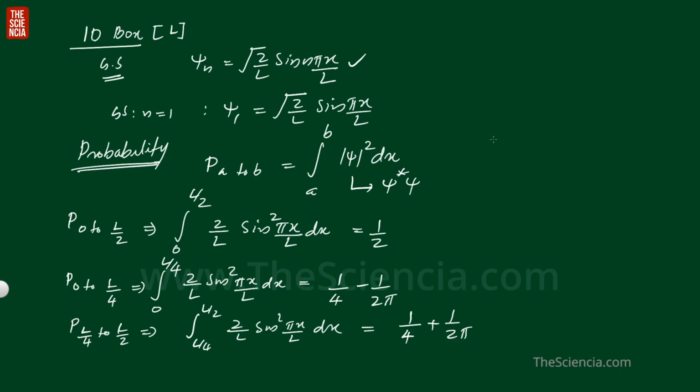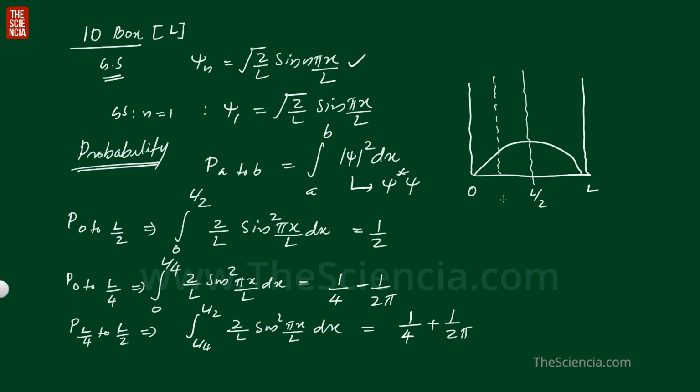That is, this is the 1D box. And for the ground state, the wave function will be this one. This is the first stationary state. If you are partitioning this, this is 0, this is L, this region is L by 2, and we are partitioning here, that is L by 4, and this is 3L by 4.